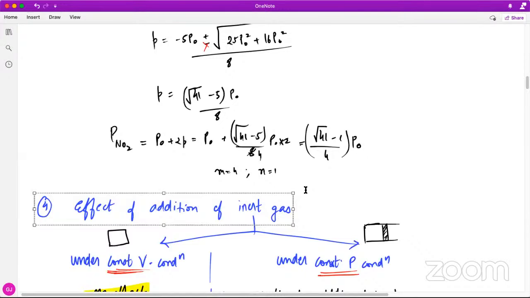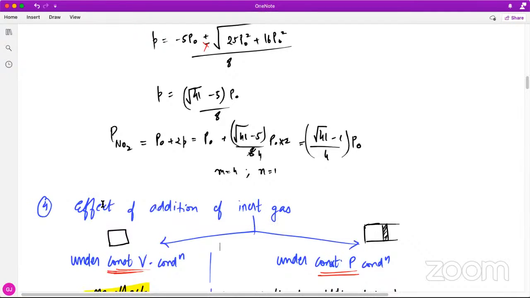An inert substance will not directly react, that's why it is called inert. However, it can change the pressure or volume of the vessel, and that can impact our equilibrium.